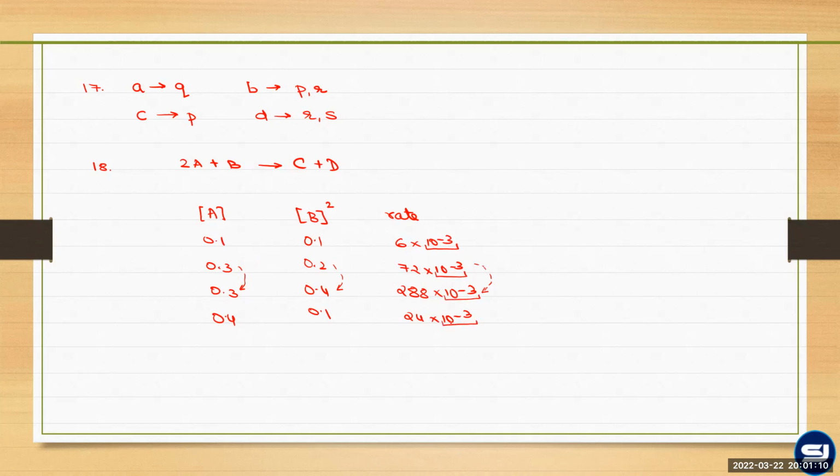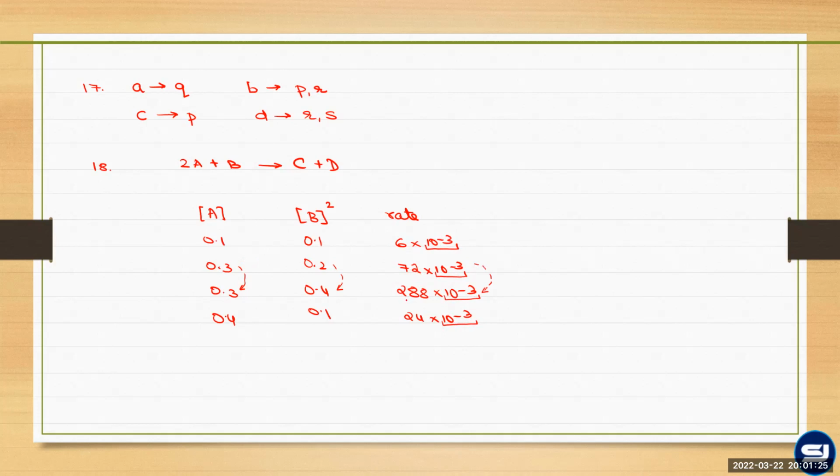What have you written? I have written 72, not 7.2, because I have converted to 10 power minus 3. What is the confusion? 72 to 288 is 4 times.